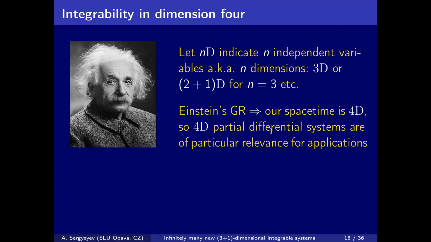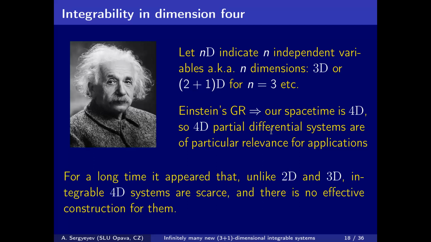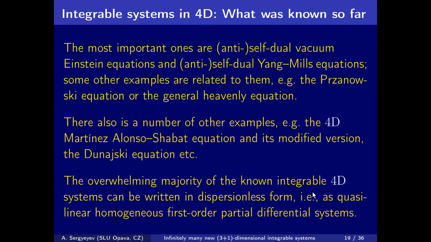So 4D partial differential systems, and in particular 4D integrable partial differential systems, are of quite some interest. For a long time it appeared that, unlike the cases of 2 and 3 independent variables, integrable 4D systems are quite scarce, and one doesn't have any effective construction for them.